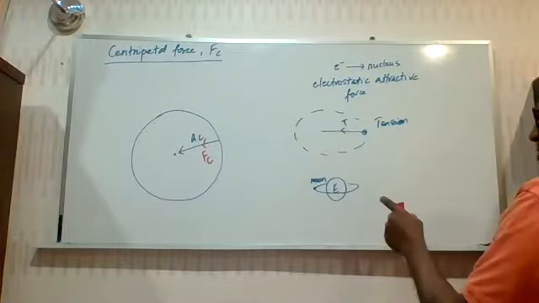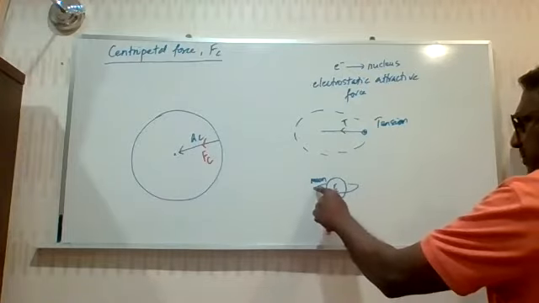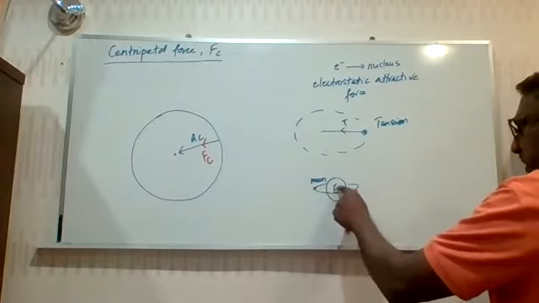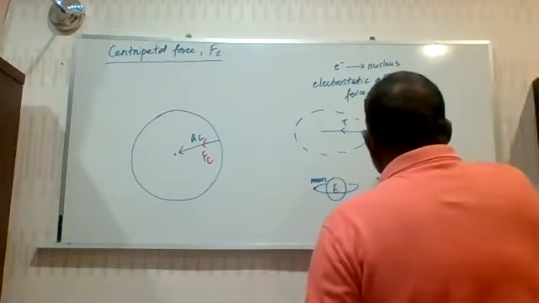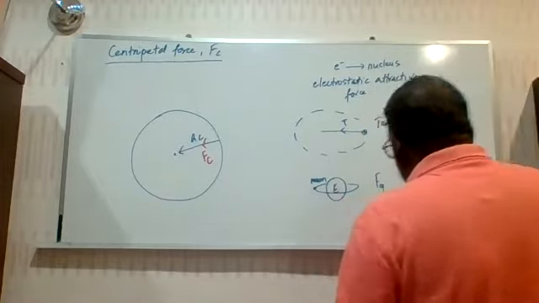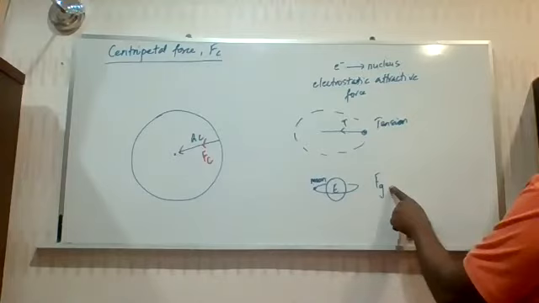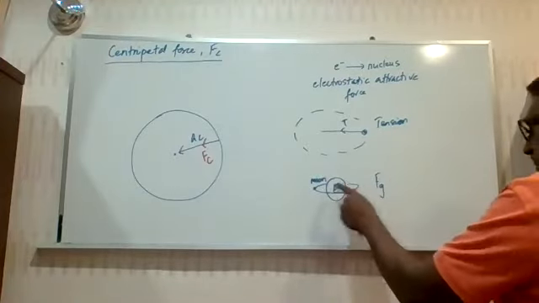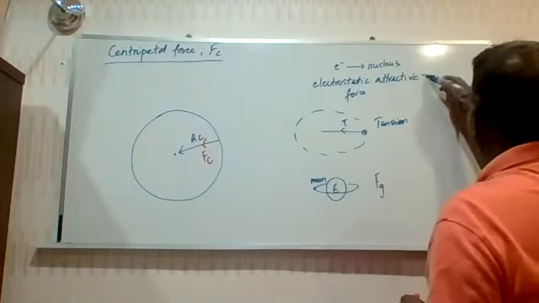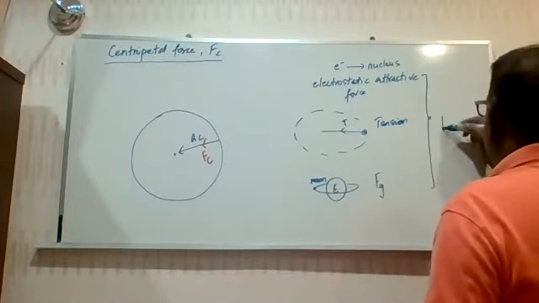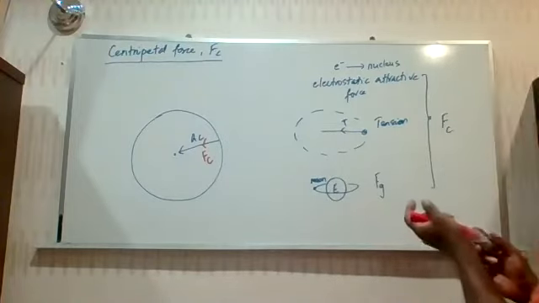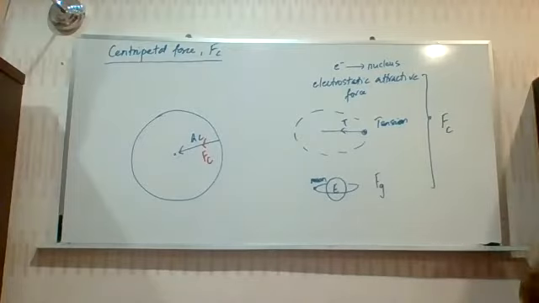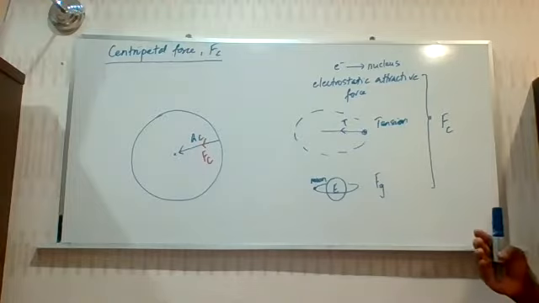The name of the force will be the gravitational force of attraction between the moon and the earth. I put it as Fg, gravitational force. It's a gravitational attractive force between the earth and the moon. So all these are the centripetal force. What I'm trying to say is the centripetal force comes in many forms.